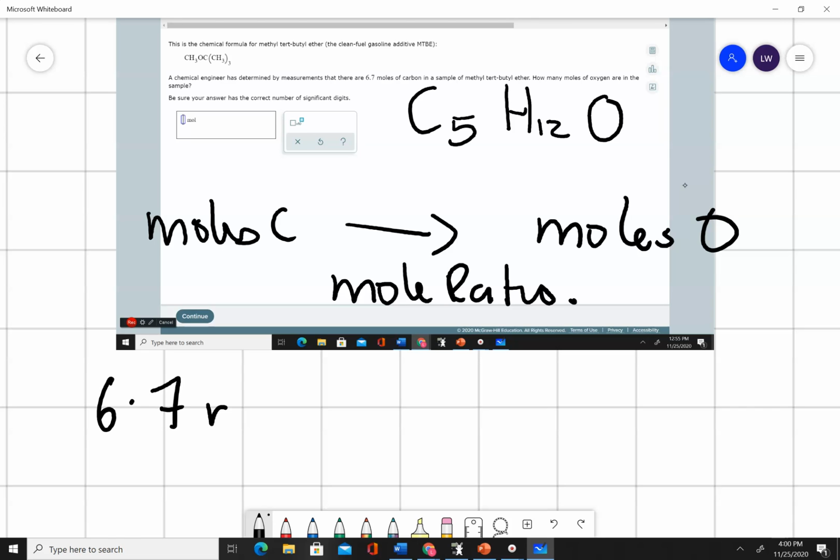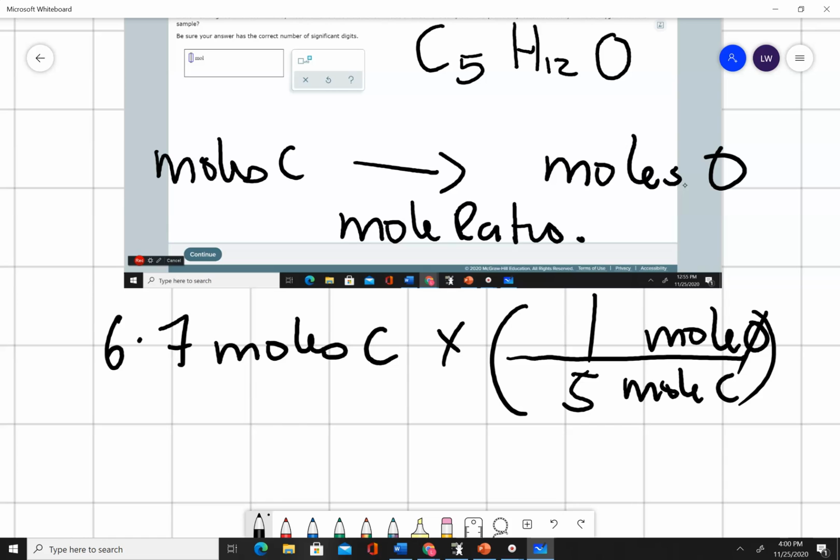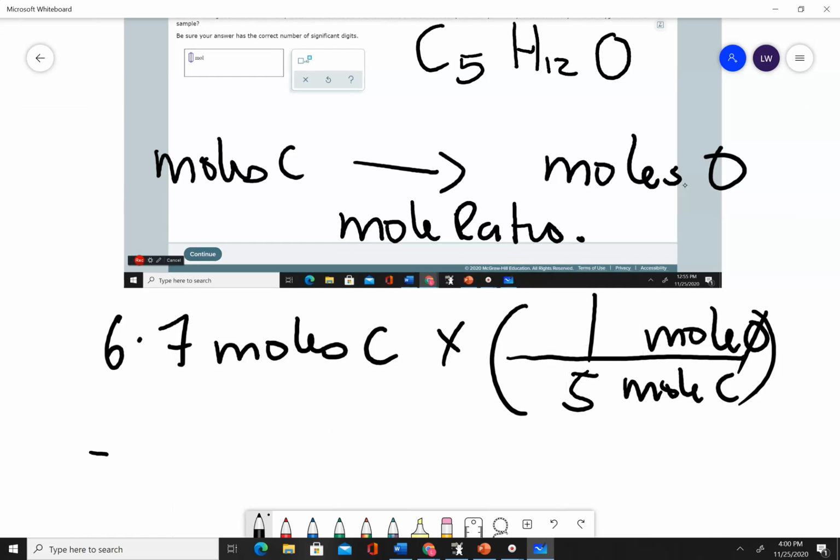We go 6.7 moles of carbon, and then we multiply by the mole ratio, which has moles of carbon on the bottom and moles of oxygen on the top. We see we've got 1 mole of oxygen in our formula for every 5 moles of carbon, so we just multiply our number by 1 on 5. Moles of carbon cancel out, leaving us with moles of oxygen.